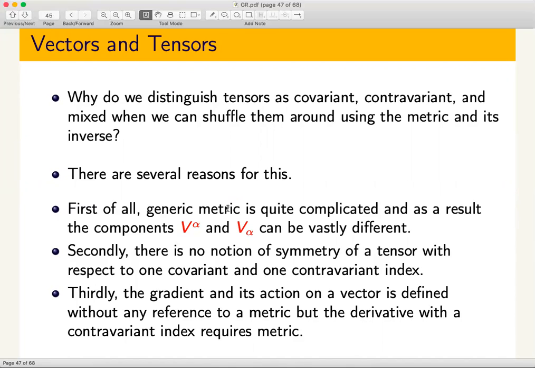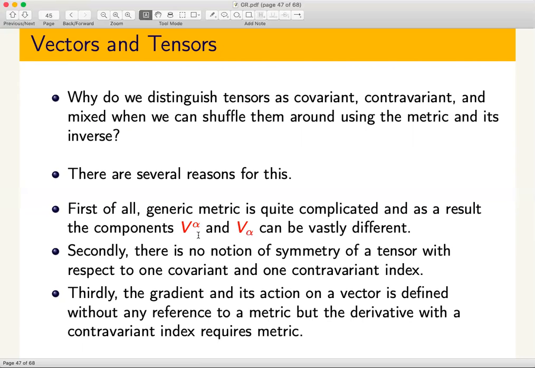But a generic metric would be quite complicated, and as a result, if V alpha, a vector with contravariant index, is a simple expression, V alpha, which is a covariant vector, may have a very complicated form simply because the metric is very complicated.